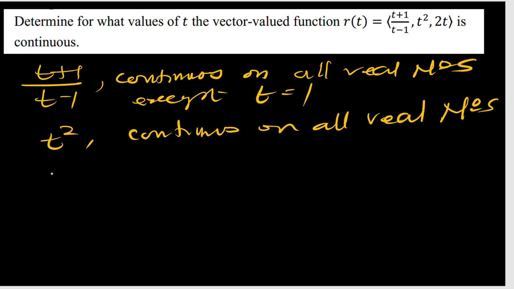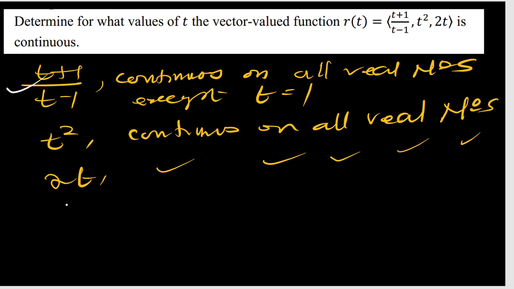Then 2t is defined for all real numbers, so it will also be continuous on all real numbers. And in fact, since the last two are all real numbers and the first one is all real numbers except t is equal to 1, the intersection of these three will just be this one.